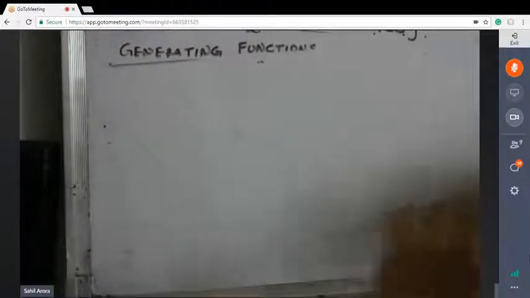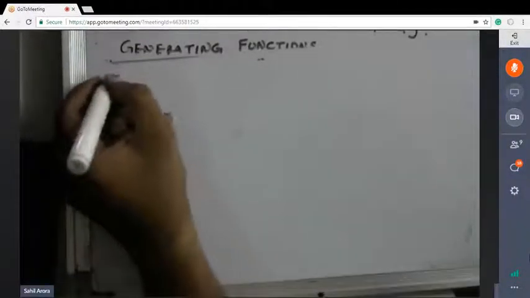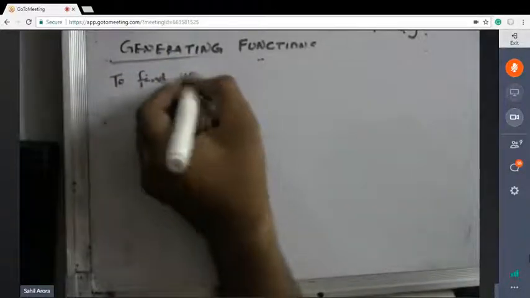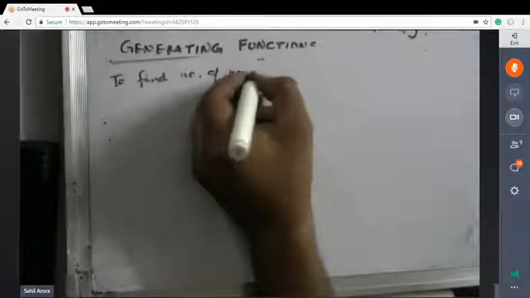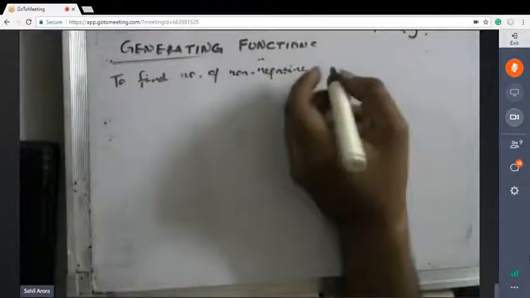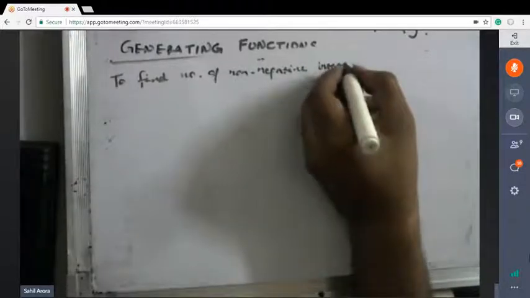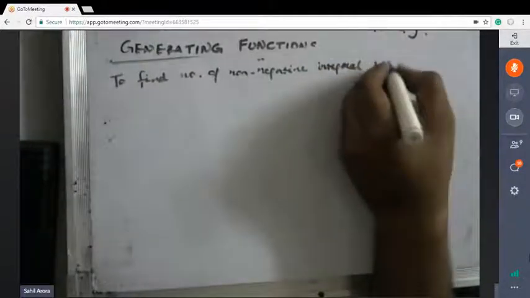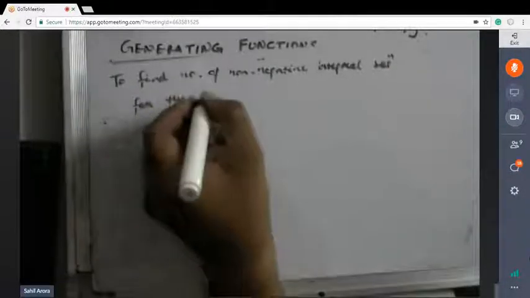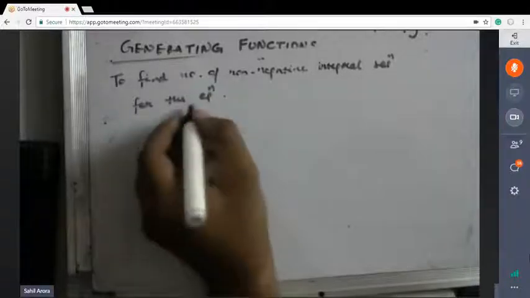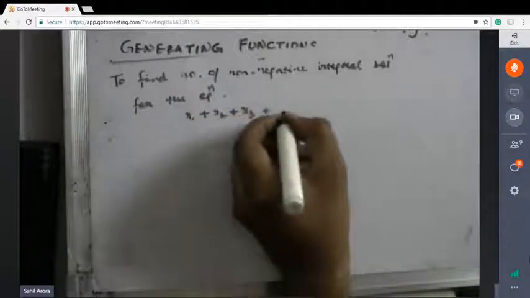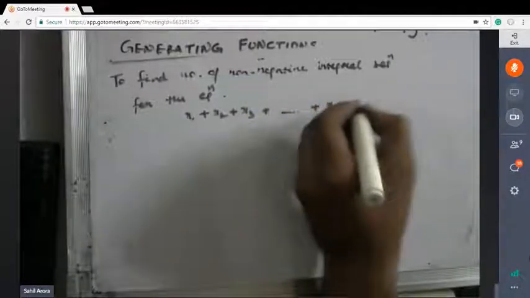Next part. Next is a very important concept: to find the number of non-negative integral solutions for the equation x1 plus x2 plus x3 and so on up to xn is equal to k.